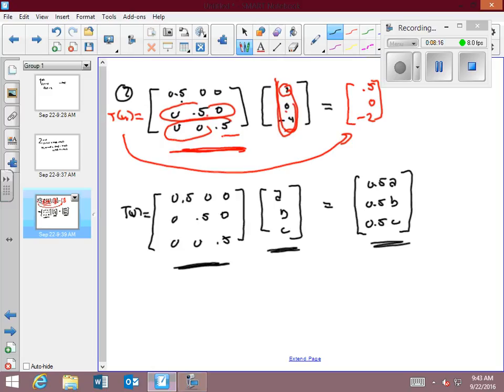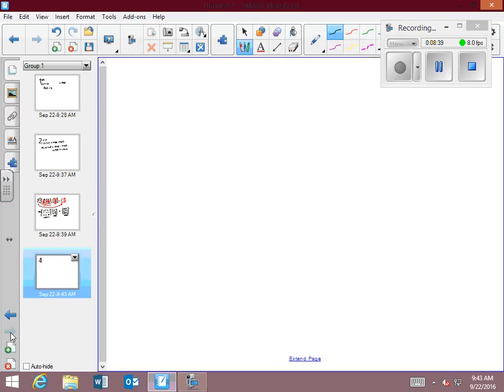The next exercise says with T defined as T of x equals AX, find the vector x whose image under T is B. Here's the transformation matrix.